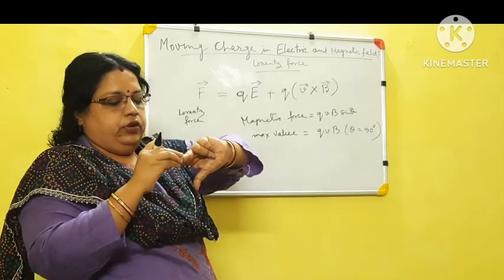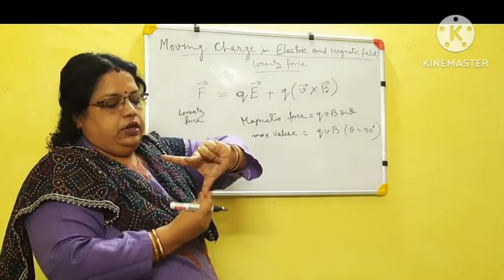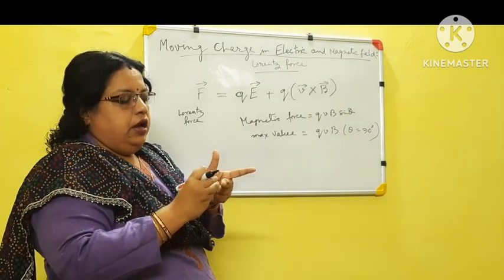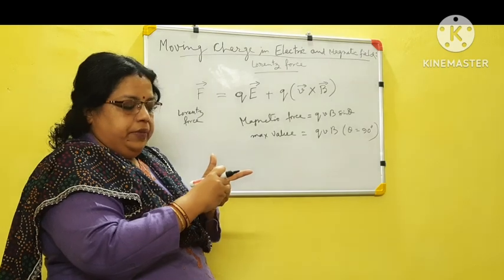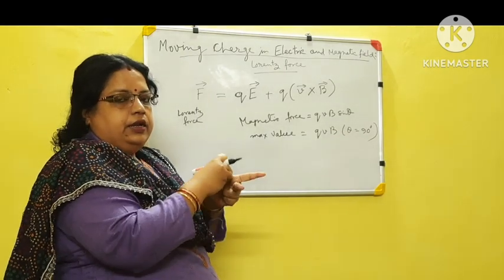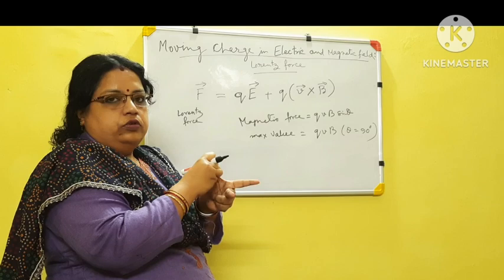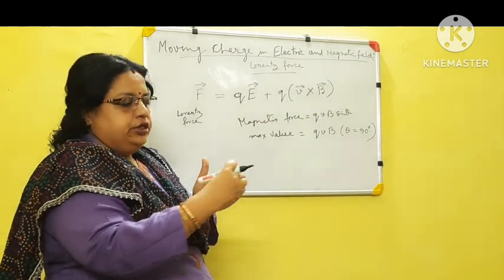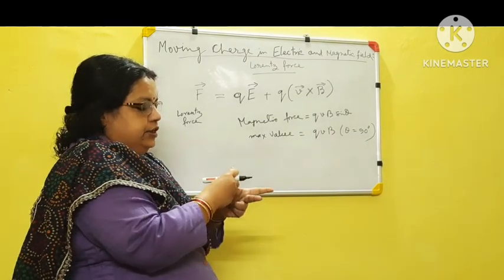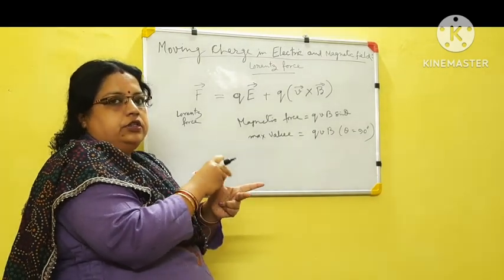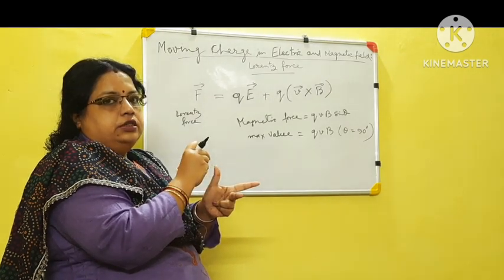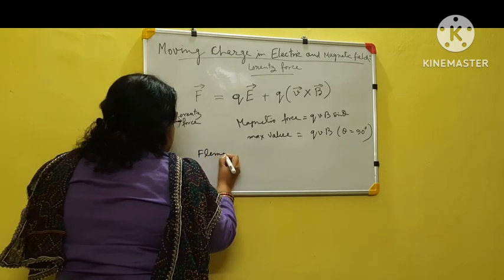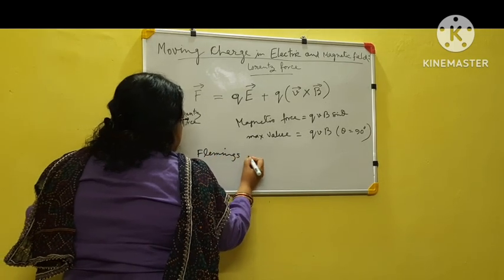If it is in this way, then the force will be in the downward direction. Depending upon the direction of velocity and magnetic field, the direction of the magnetic force will be determined by Fleming's left hand rule.